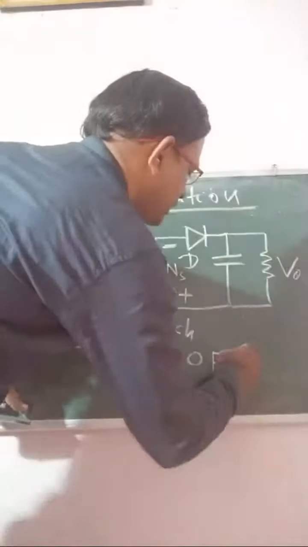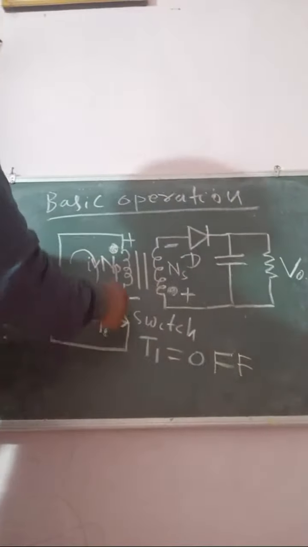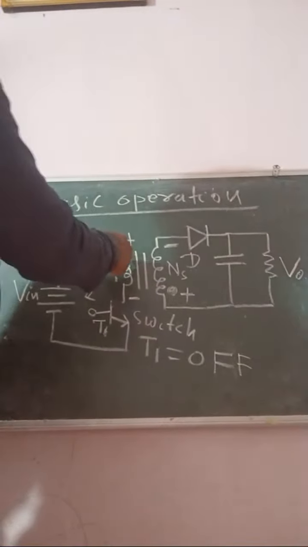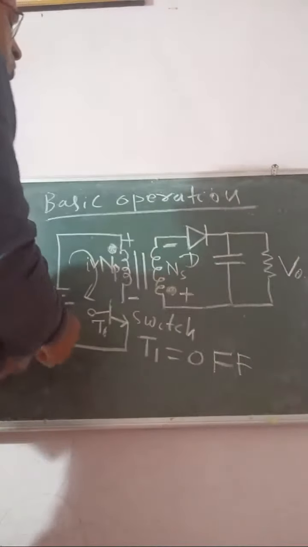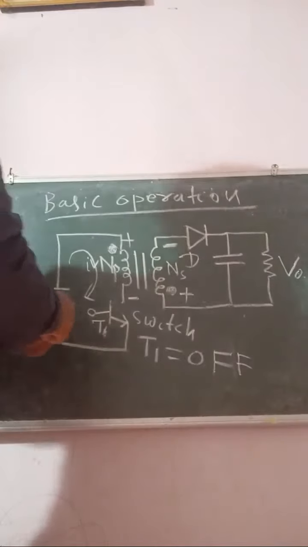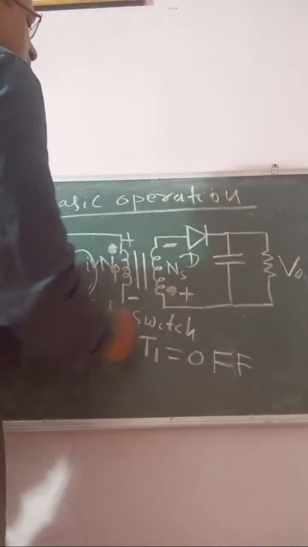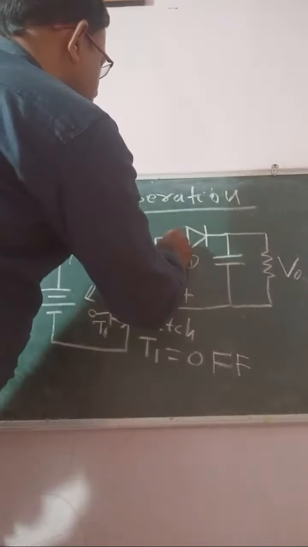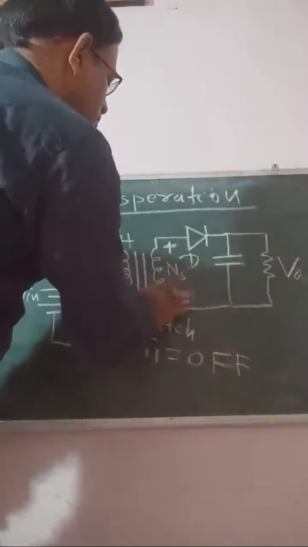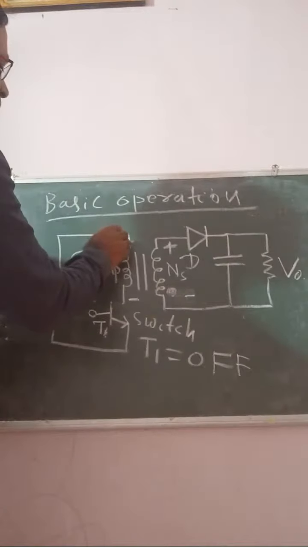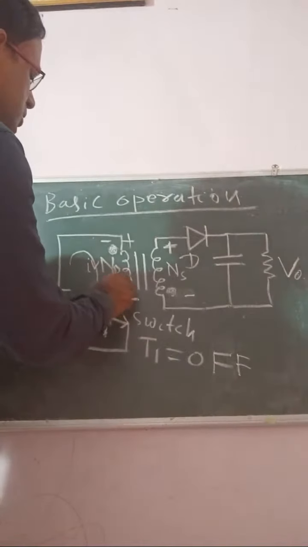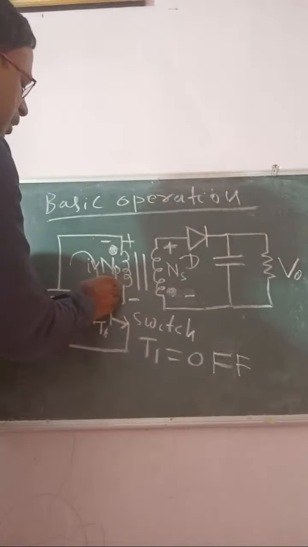When T1 is off, this stored energy moves to the secondary side. The polarity changes: this side will be minus and this side will be plus.